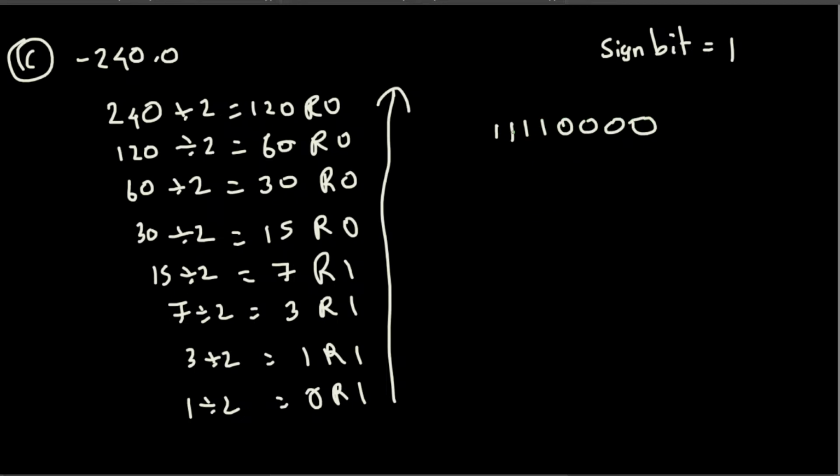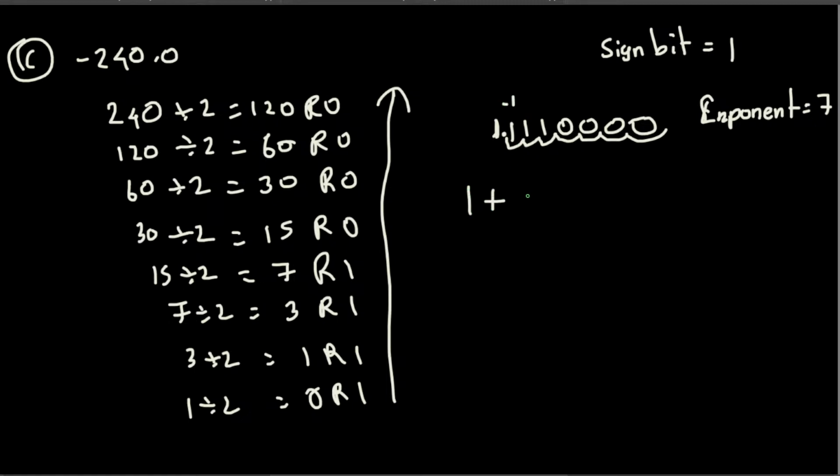Now to reach this point, we have 1 2 3 4 5 6 7. The exponent is 7. And if I put a point here and find out the decimal value, that's going to be the mantissa. So here this one is at 2 power 0 location, so that's 1.